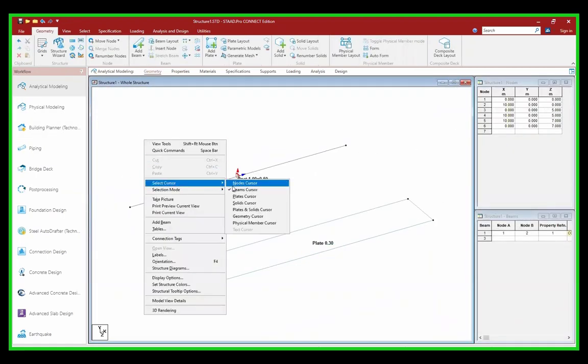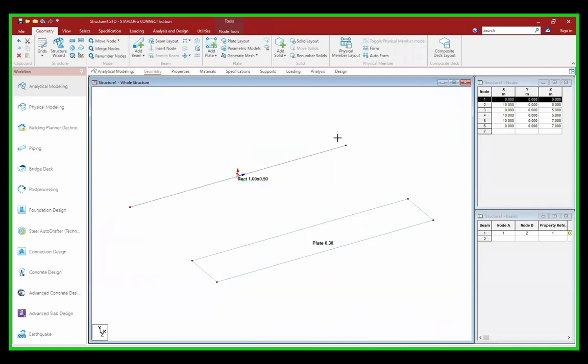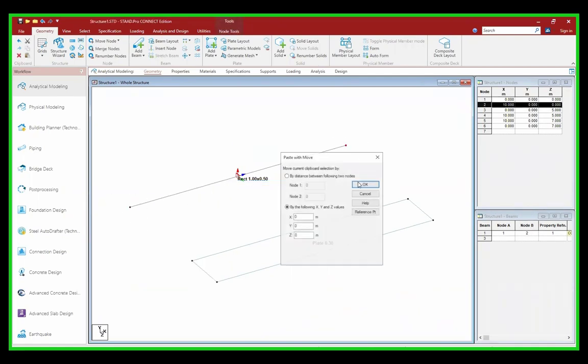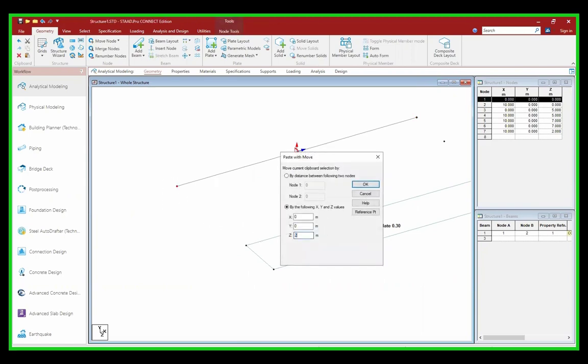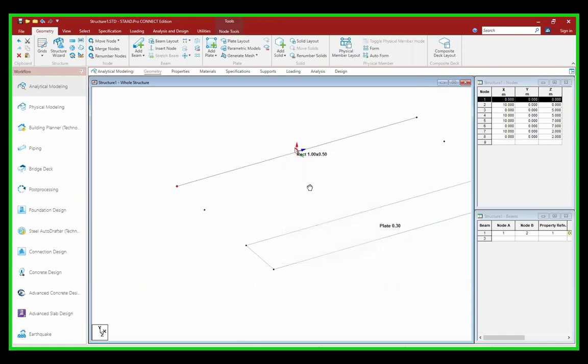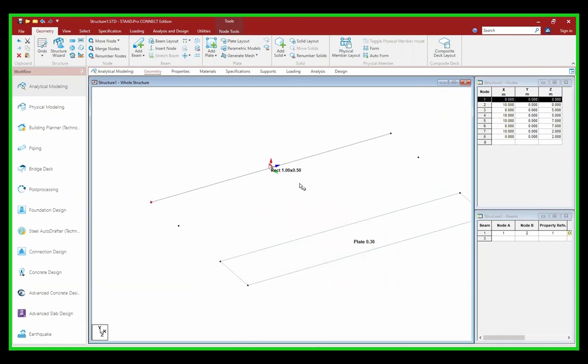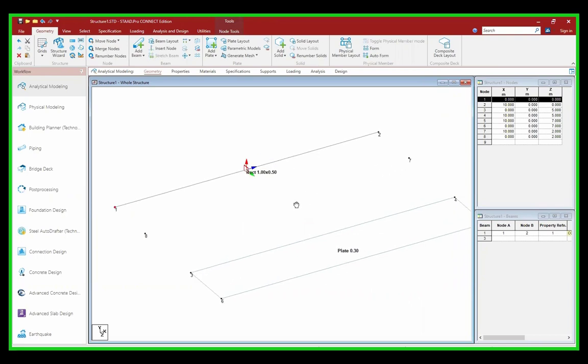Let's select the node, and Control C and Control V in the Z direction. So I have created two nodes, right? Shift N if you want to see the node numbers. So 7 and 8. What if now I create a beam from right to left?